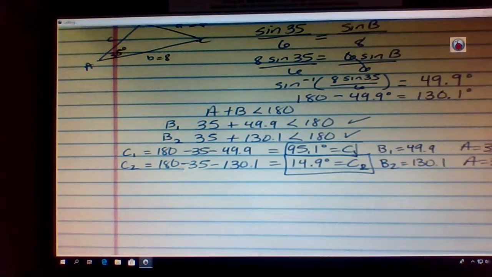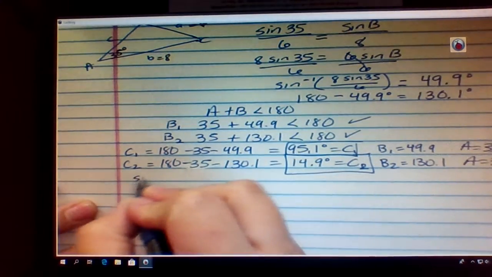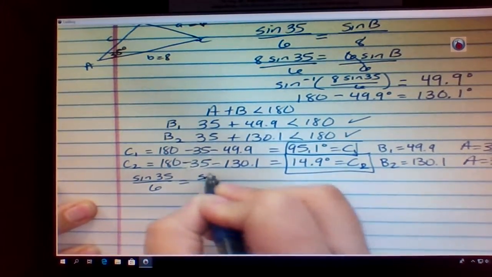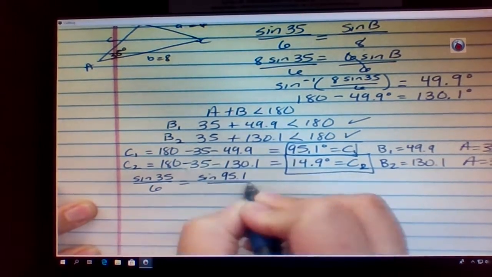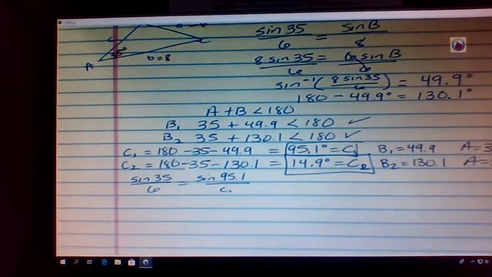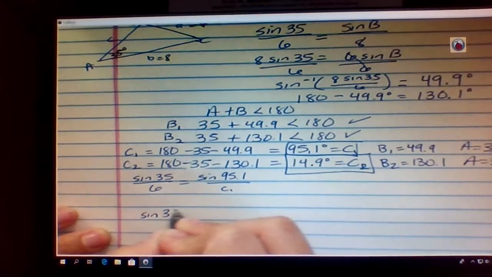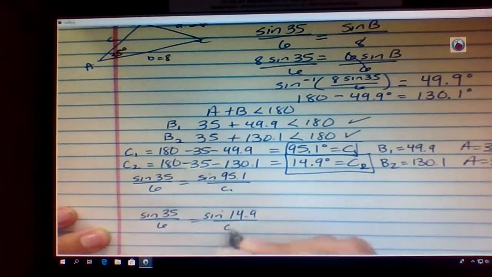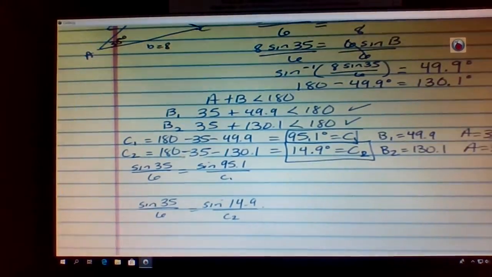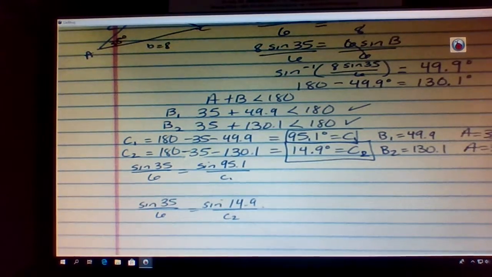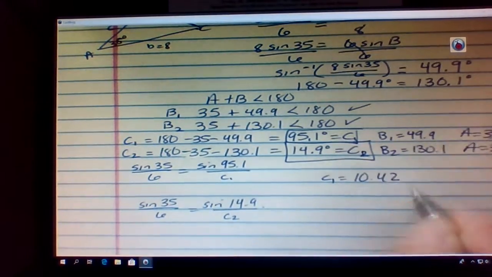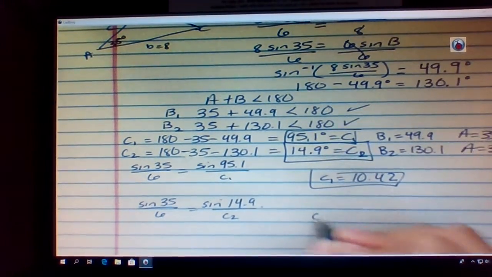So I'm going to use sine of 35 over 6 equals sine of 95.1 over little c sub 1. And then you also have to do sine of 35 over 6 equals sine of 14.9 over c sub 2. After you do those calculations, and I'm just going to give you the answer, c sub 1 is 10.42. C sub 2 is going to be 2.69.